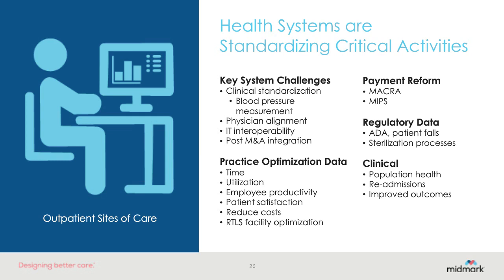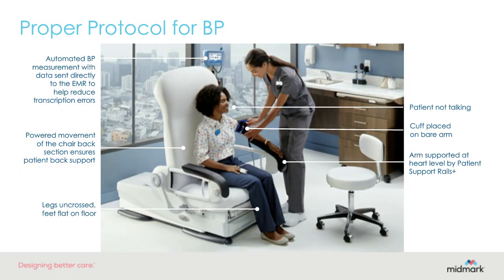So MACRA and MIPS types of incentive programs give you the opportunity that if you are successful standardizing and getting good outcomes, you're going to get rewarded on some of these bonus programs that are in place. We're going to take just one that we focus on, blood pressure. Back in 2017, the New England Journal published an article called the SPRINT trial.